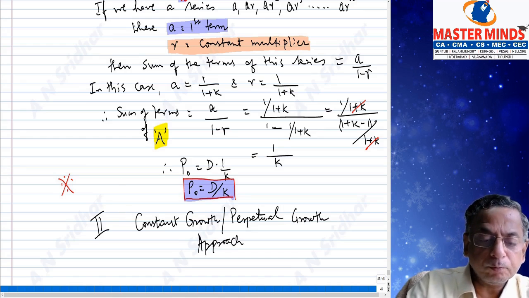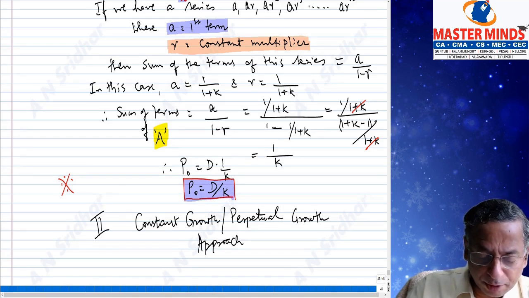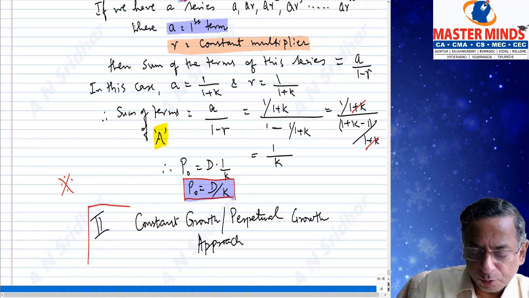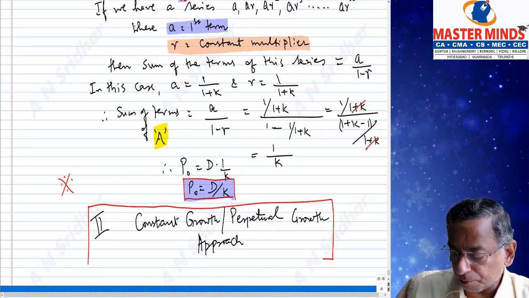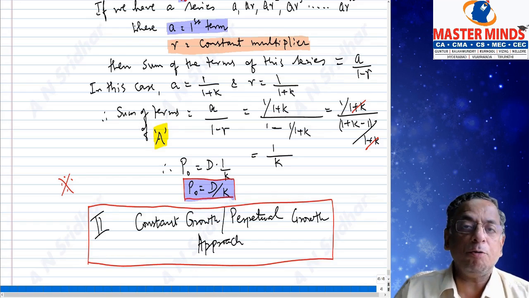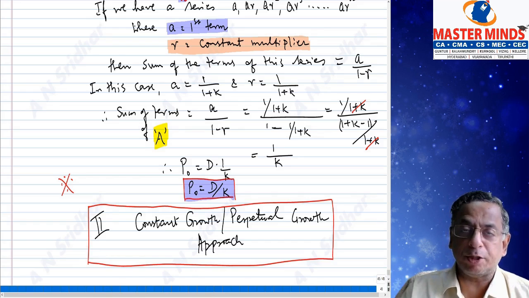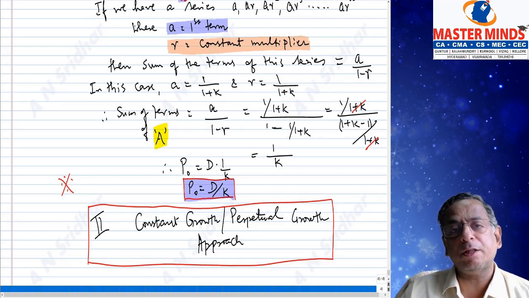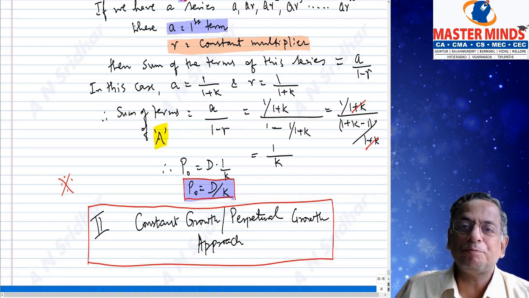Now, perpetual means forever. So whatever growth the dividend will have, for example, dividend is 10 rupees this year, 10% means next year 11 rupees.